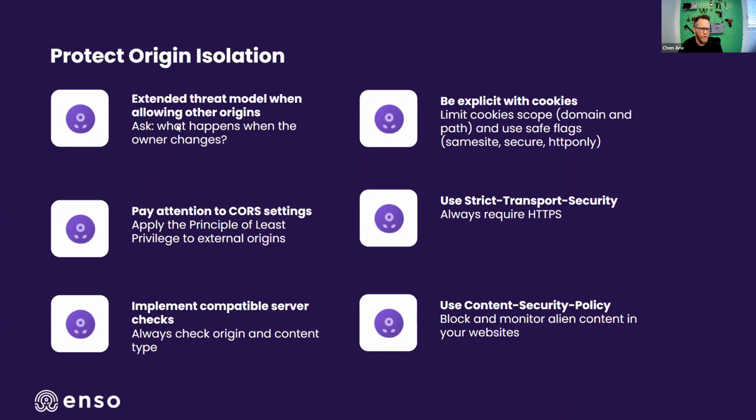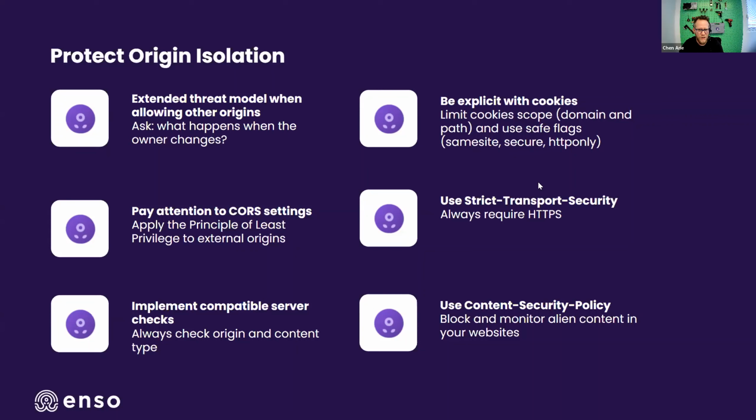What happens when the owner changes, and then build threat models based on this question. You need to always pay attention to CORS settings and include also server-side checks as part of this implementation. Try to be as explicit as possible with cookies. I know that we've all been complaining about cookies for a very long time, but it doesn't mean that we can stop maintaining the security of cookies.